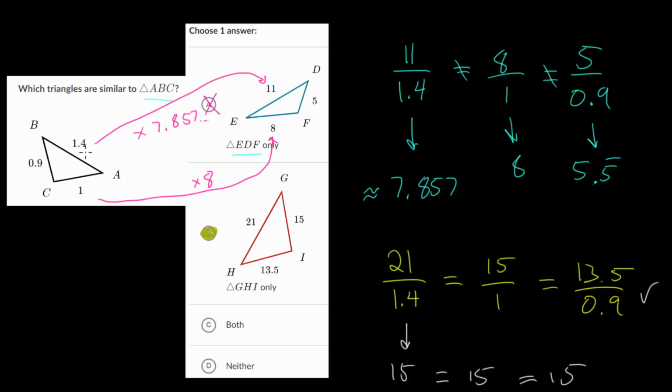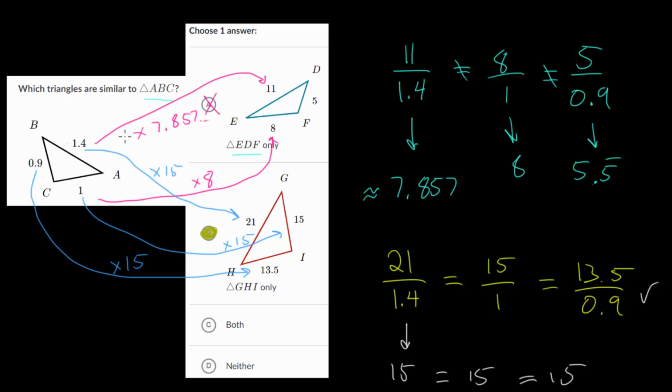If we look at this long side, 1.4, to go to the long side of the bigger triangle, we multiply by 15. But that will be true when looking at the middle sides, going from 1 to 15 over here, we are multiplying by 15, and going from 0.9 to 13.5, we are again multiplying by 15.